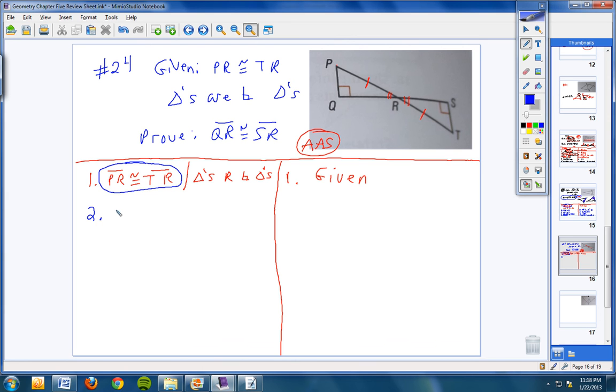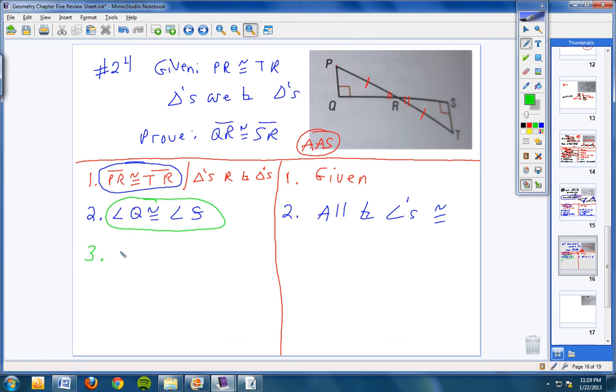Well, guys, I can definitely state that angle Q is congruent to angle what? S. And what's the reason for that? Right angles are congruent. So there we go. We just stated another part. Now we just need one more angle.